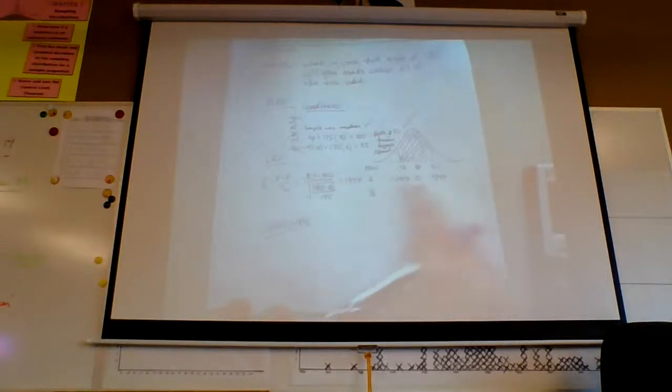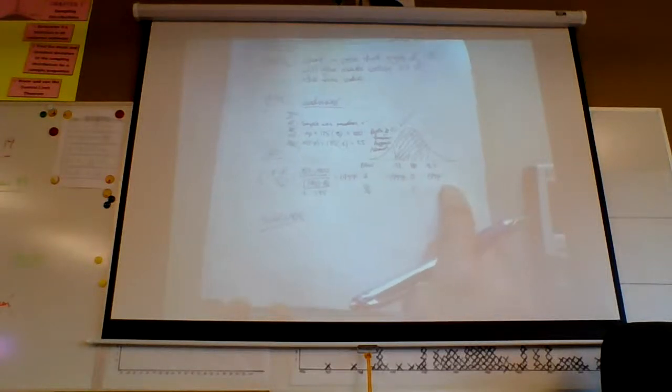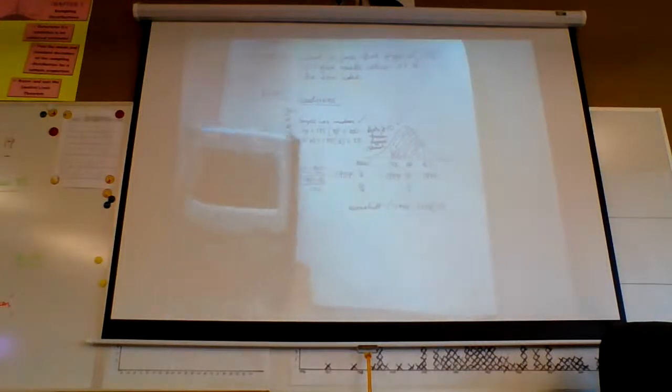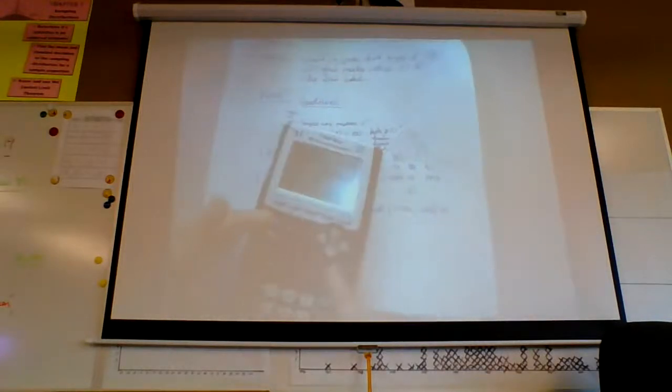Now that I have z-scores, I can do a normal CDF from negative 1.957 to 1.957, and we should get a probability. Let's see. Normal CDF, negative 1.957.